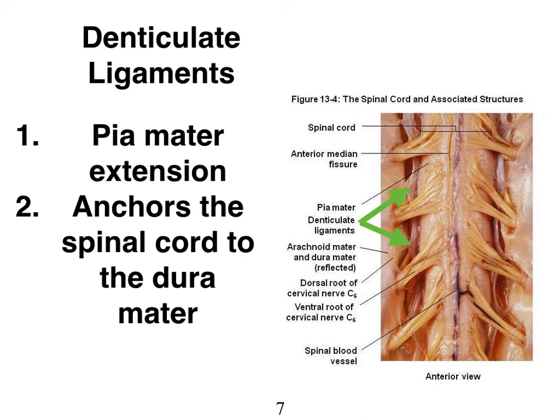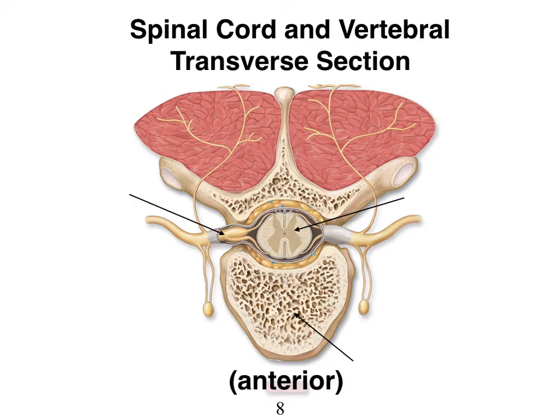Now, there's actually more connective tissue that we can see that protects the spinal cord, but we need to change our view to instead look at a cross section or a transverse section. So let's take a look at that, where we're going to take a section through the spinal cord and the vertebra to be able to see some more layers.